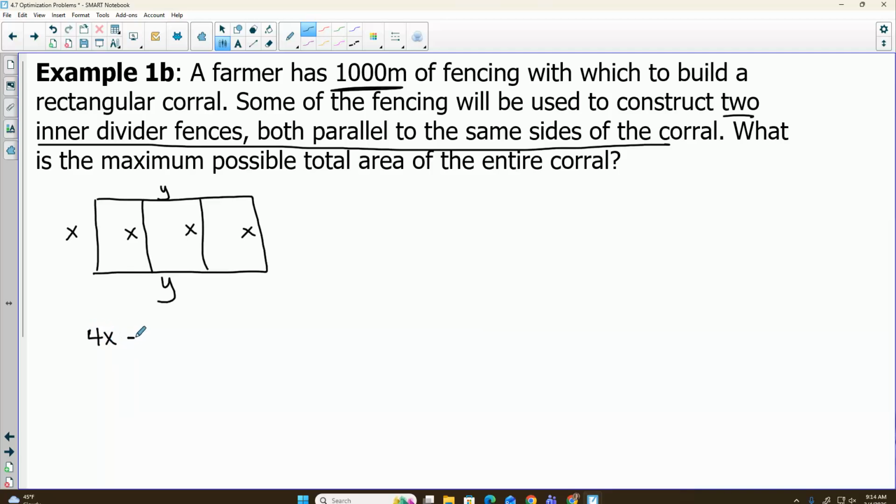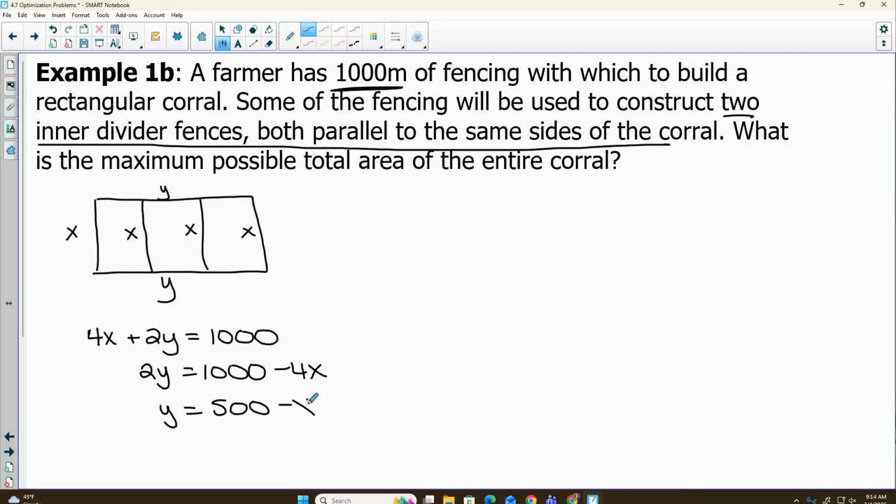Good: 4x plus 2y equals 1,000. Technically, at this point, you can solve for either one. I'll just solve for y. If we divide by 2, y is 500 minus 2x.